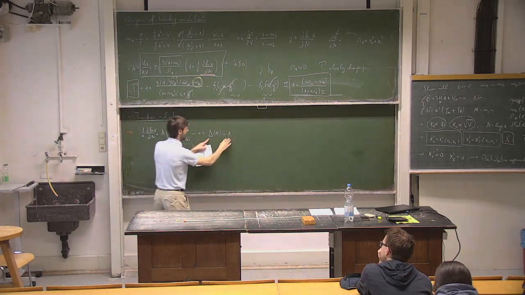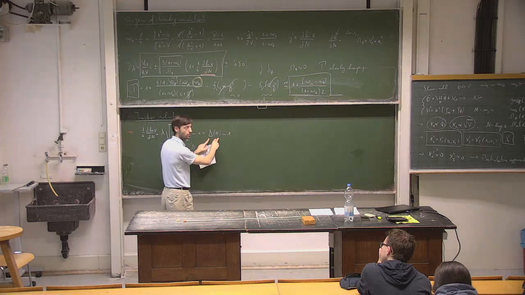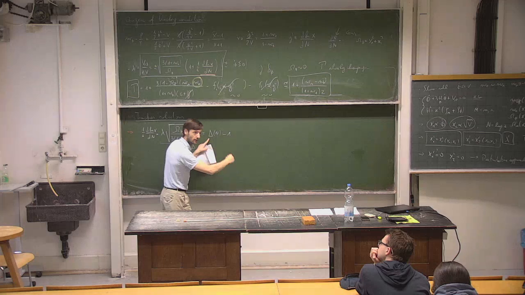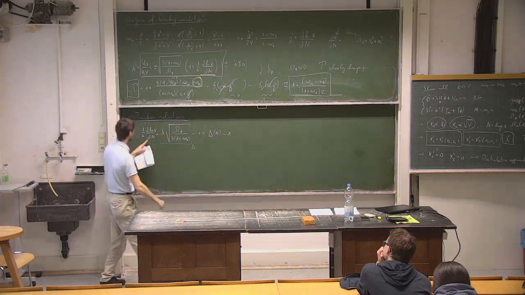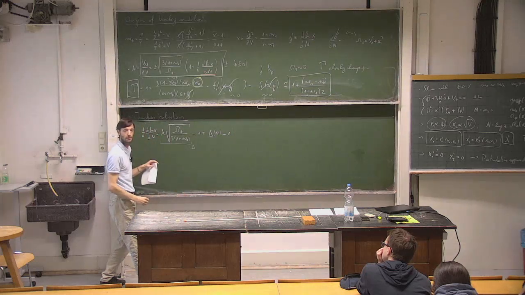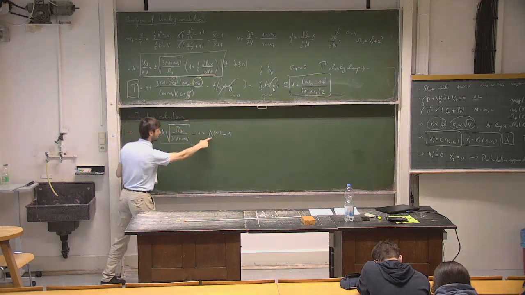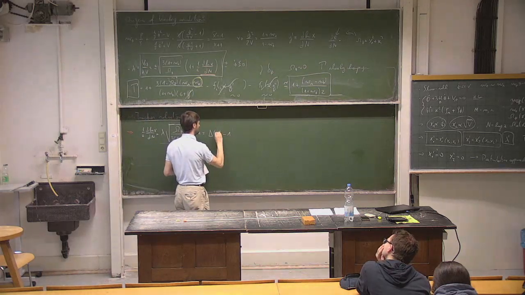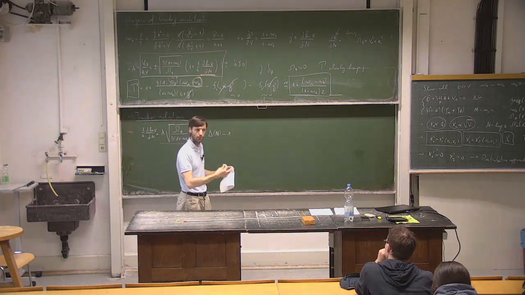And of course, if delta is smaller than 1, then this is negative, so x is decreasing as a function of time. So this combination of factors that we collapse into this delta tells you what is the behavior of w phi.